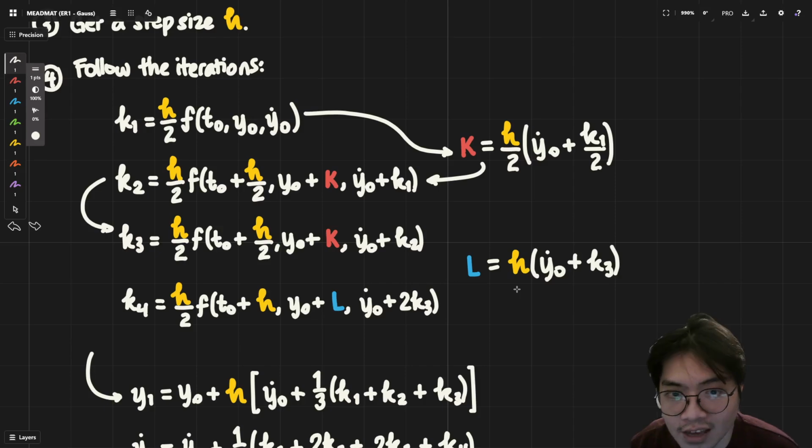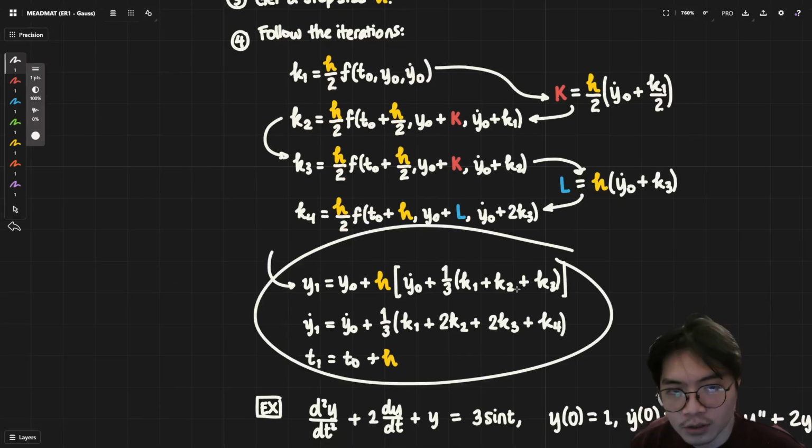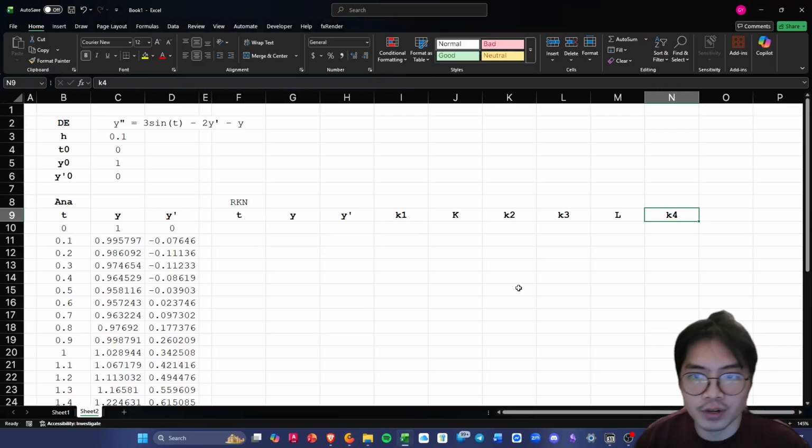So once you get to K3, you calculate L, and then you calculate K4. Then you're able to calculate your new y dot and the new value of y as well. So that's how it's supposed to be done, and that is why I'm putting it like this.